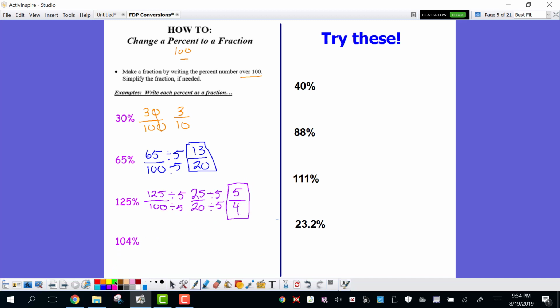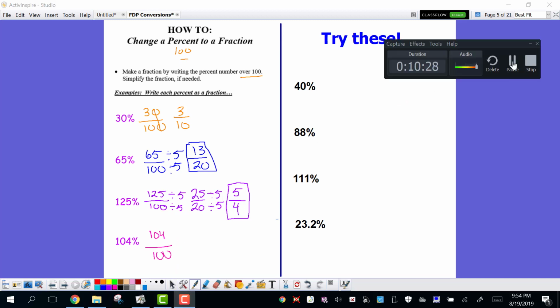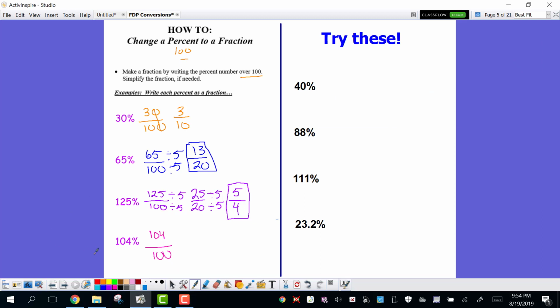And same thing with the last example, 104 over 100. Again, we simplify until we have our lowest form. So I have my 104 and 100, and these are both even numbers. So since they're even numbers, they're both divisible by 2.